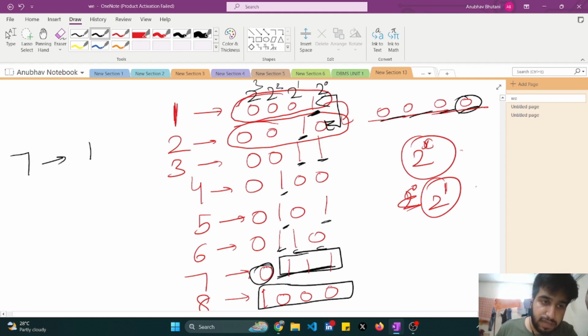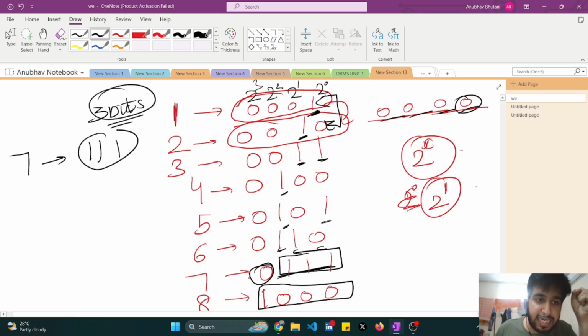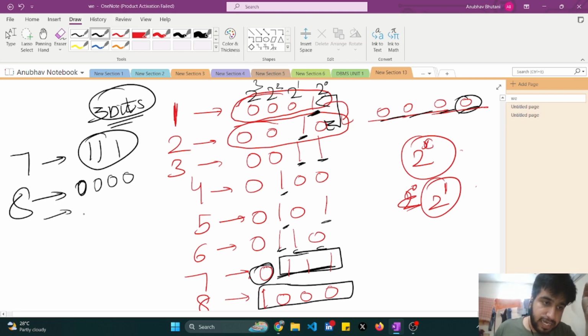If 7 is represented as 111, these three bits are the highest value it can have. So if I want 8, I have to add one more bit, so 8 would be 1000, because these three bits were full, so I will start a new place.